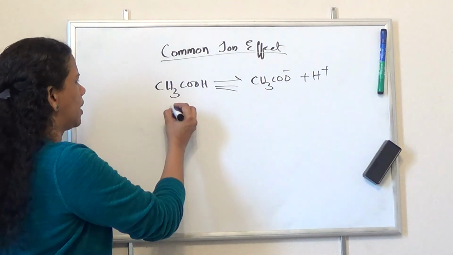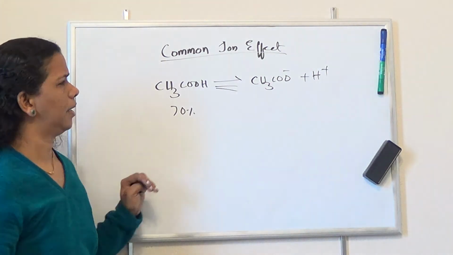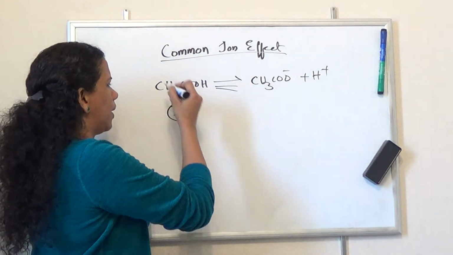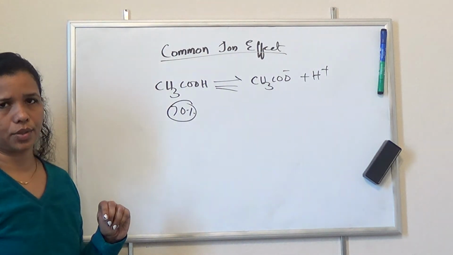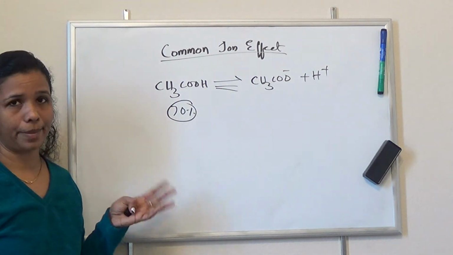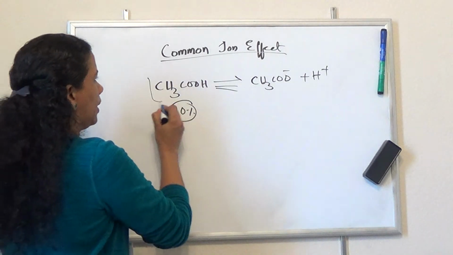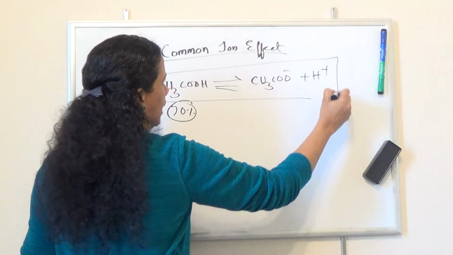Let its dissociation be 70%. At equilibrium, it will undergo only 70% dissociation. It's an example, not an approximate value. So this now exists in an equilibrium.